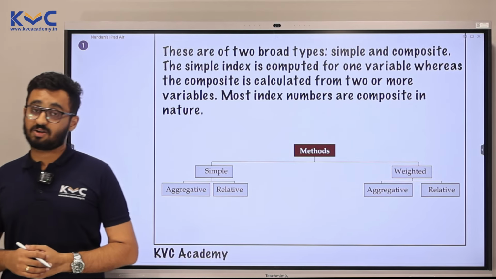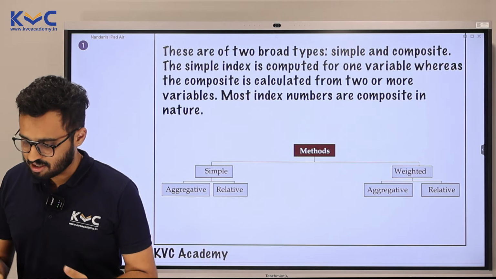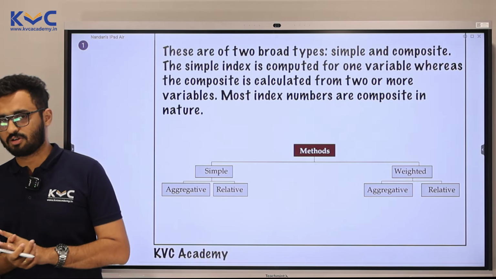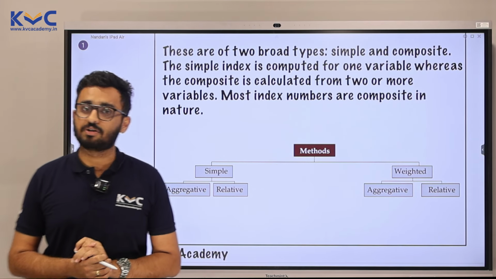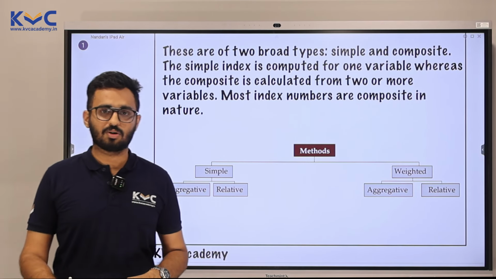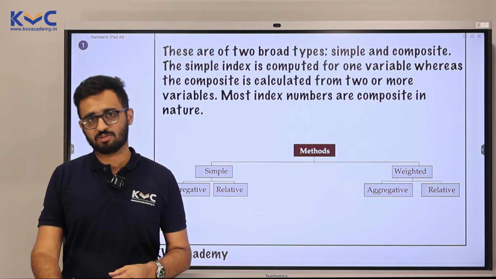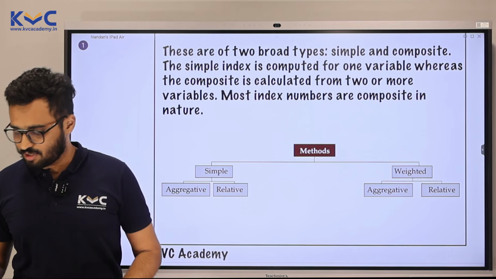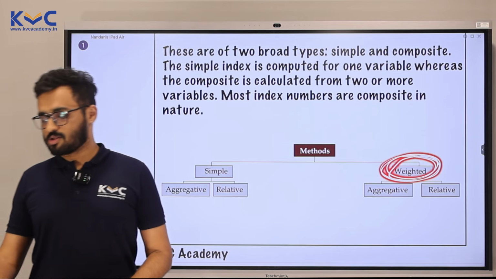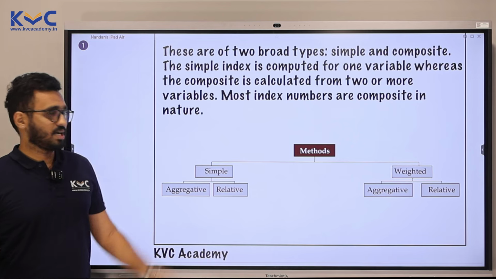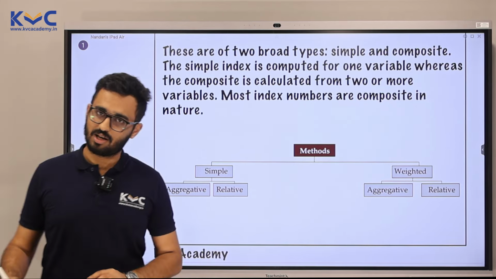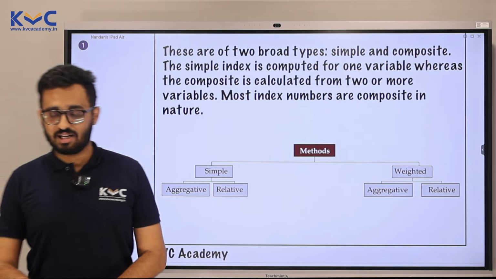Most index numbers are composite in nature. So generally, whenever we refer to index numbers, we refer to composite index numbers. Most commonly and popularly used are composite index numbers. Composite index numbers are also called weighted index numbers.